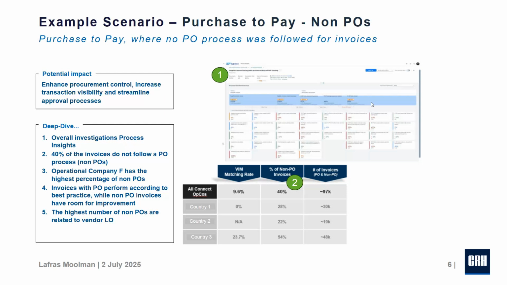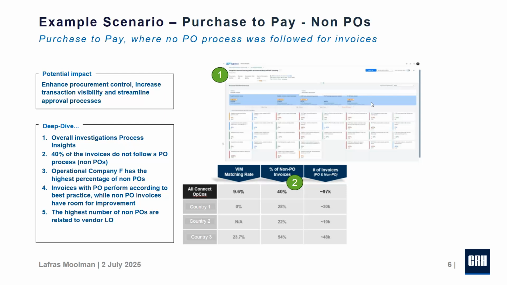You cannot tackle them all. You need to decide on which ones you want to focus on. And this is what we do. So we really looked at the non-PO invoices. There you could see we already have that doesn't have a PO overall.